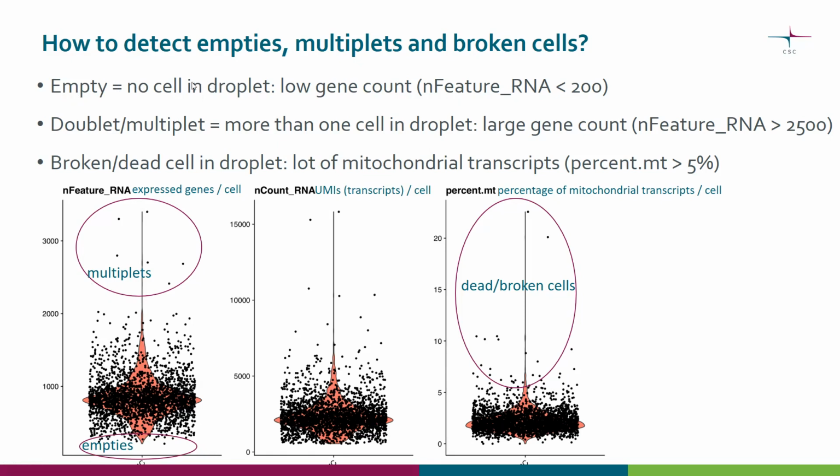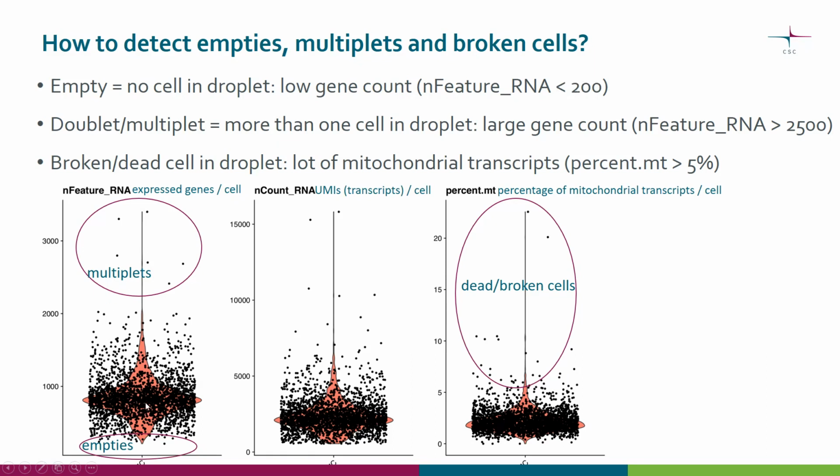We might still get some signal from this droplet if there is some ambient RNA floating around, but typically the number of genes expressed in this, so to say, cell would be very low. And the default threshold that is often used is 200.